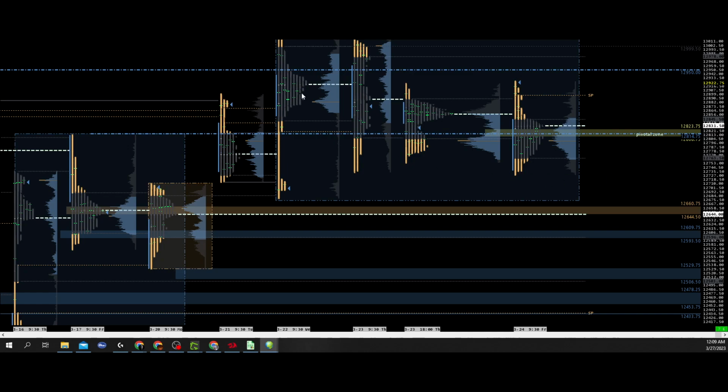For me, a balance area is defined as a day that has overlapping value to the right, from a TPO perspective. The value for TPO is this gray area, and the yellow or orange area is outside of value.